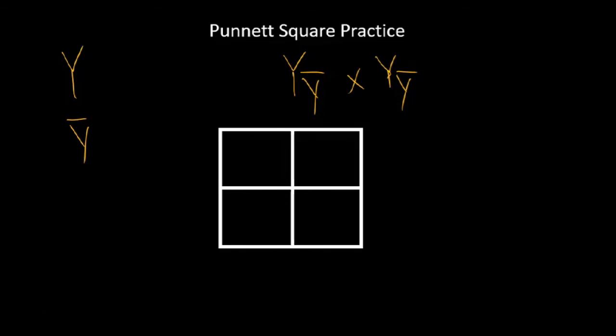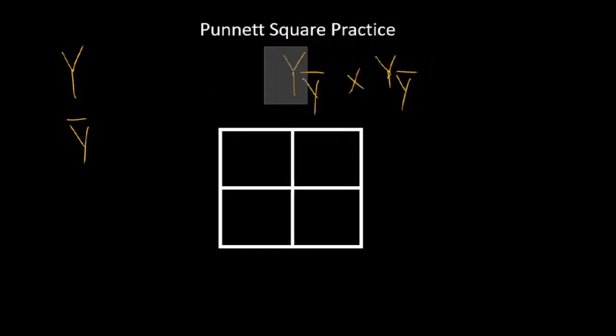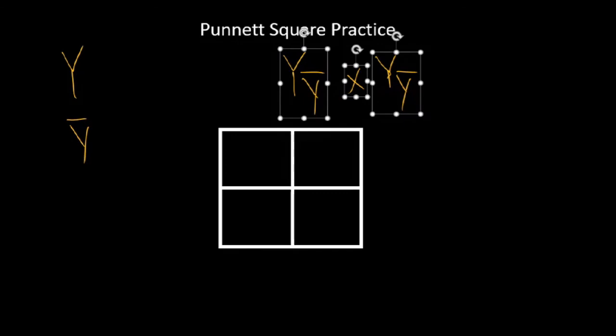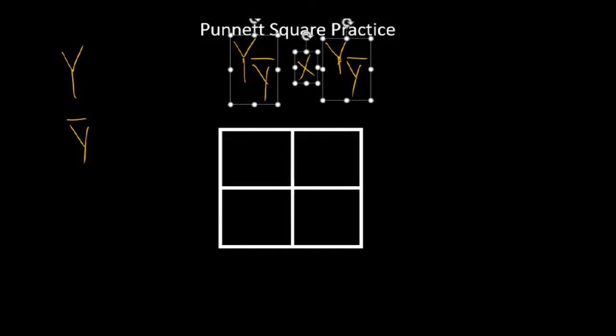Okay, so hopefully you've had a chance to pause the video and try this out. And so what we're going to do now is we're going to show the work for this. Let me move these out of the way. Here we go. Let's move these up a little bit so we have some space to work.